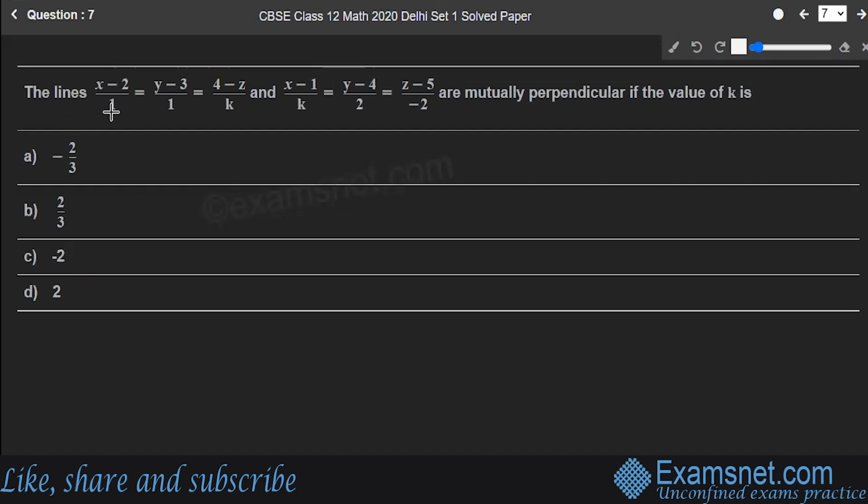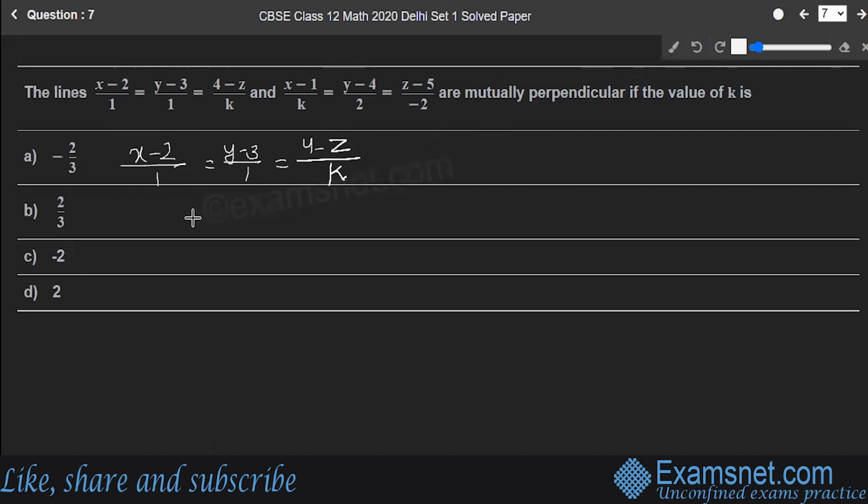Let's move to the next question, number 7. So the lines x minus 2 upon 1, y minus 3 upon 1, 4 minus z upon k, and this line, they are mutually perpendicular. Then you have to find out the value of k. First line is given by this, 4 minus z upon k.